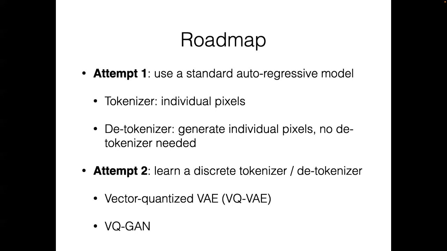And then attempt two, maybe I shouldn't have put it here because it's a spoiler: one modern way of doing it is to learn a discrete tokenizer. It turns out there are ways of learning a discrete VAE or discrete GAN that will give you this ability.